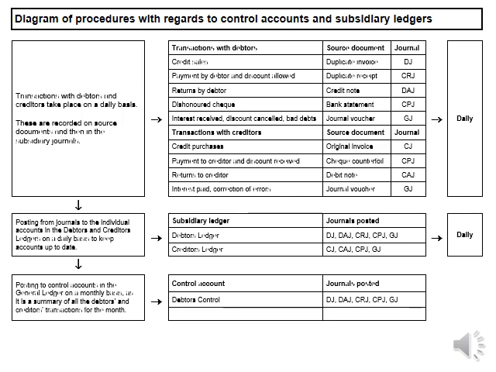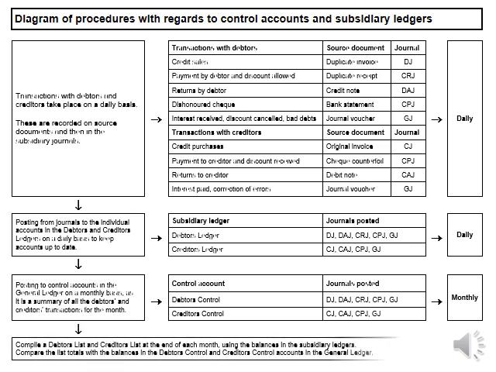The totals are posted to the debtors control, while the individual transactions will be recorded in the debtors ledger. The same applies to creditors control. The totals of all these journals will be posted to the creditors control, while all the individual transactions in the journals will be posted to the creditors ledger. Posting to the control accounts will be done monthly at the end of each month.